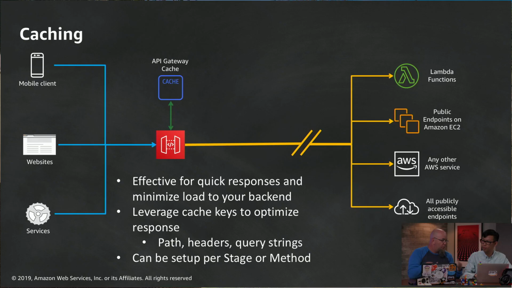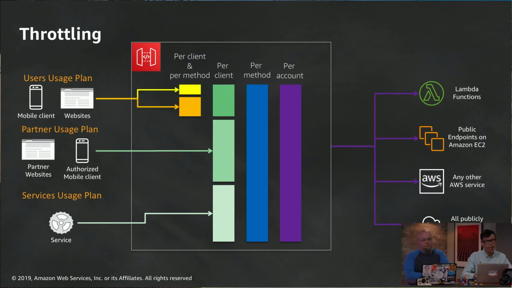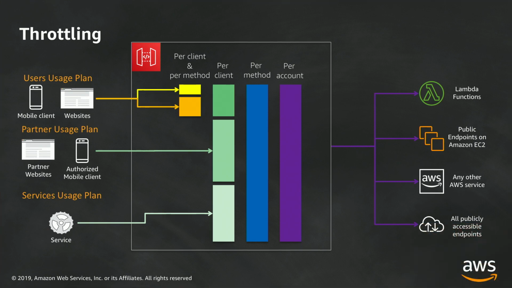But in order to have an effective strategy of throttling, walk through that on API Gateway and how that works. Yeah, so API Gateway offers throttling. What throttling is, you're basically saying, only accept requests at a certain rate, whether that's 1 request per second or 1 million requests per second, right?